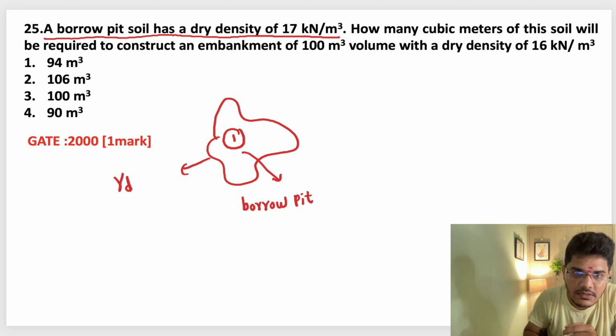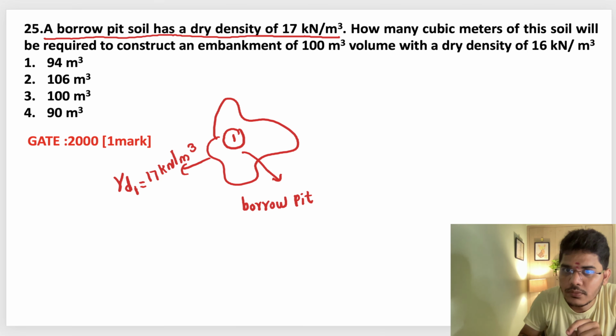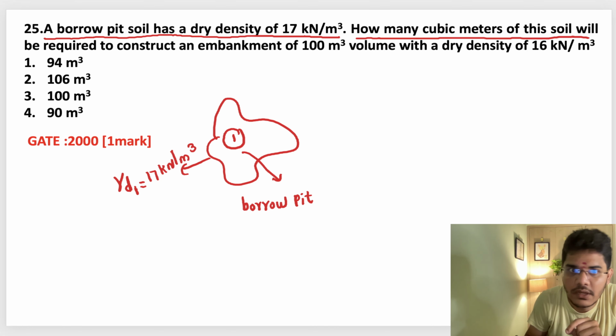Dry density has given, gamma d1 is equal to 17 kilonewton per meter cube, and also how many cubic meters of this soil will be required. That means this is V1, so this is actually unknown.